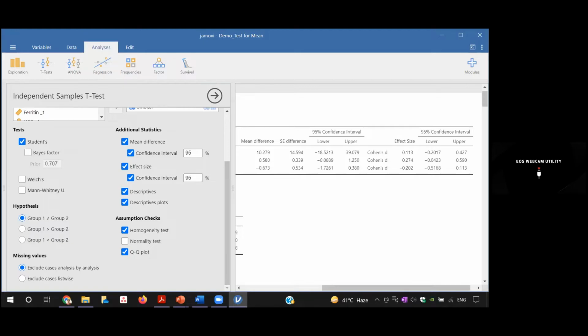Again, here also it is like 0.2, 0.5 and more than 0.5. If it is up to 0.2, you call it a small effect size. If it is up to 0.5, you call it a moderate effect size. If it is more than 0.5, you call it a very high or very good effect size.